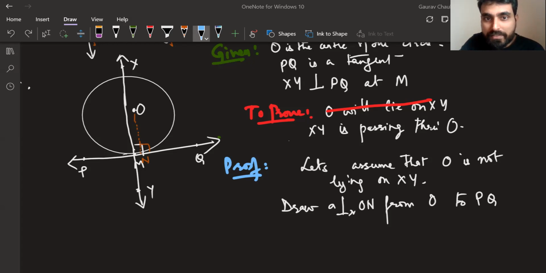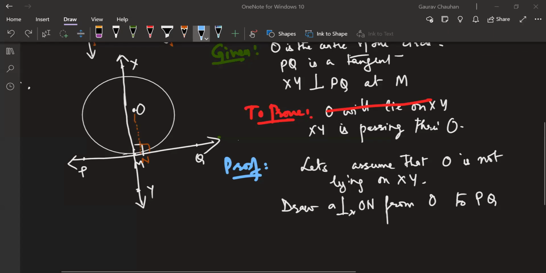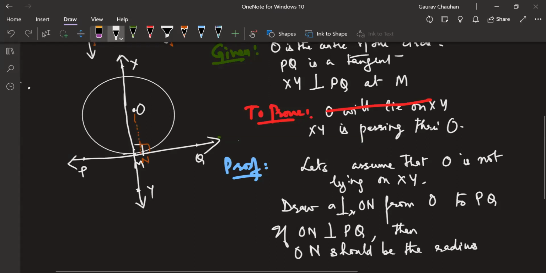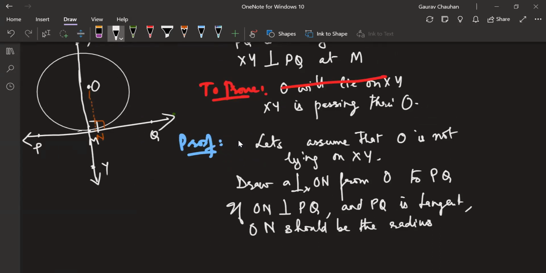Now, if ON is perpendicular to PQ, and PQ is a tangent to the circle, then ON should be the radius and N should be the point of contact.